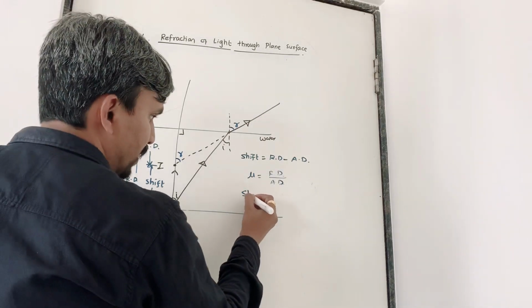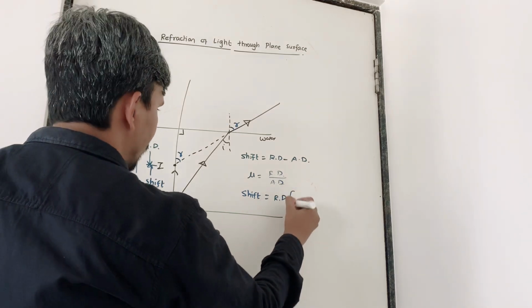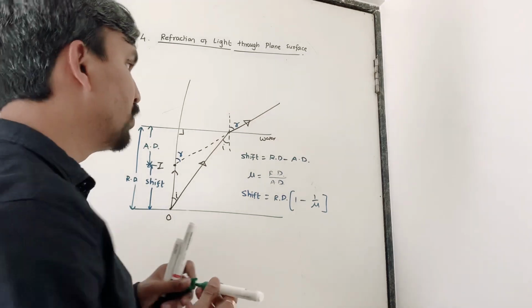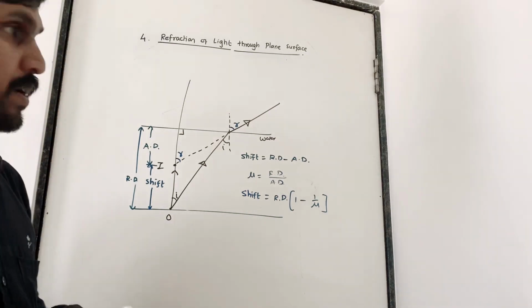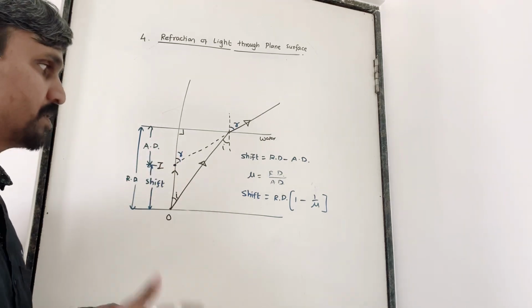Then you have one more relation: shift is equal to real depth times (1 minus 1 upon mu). Numericals are based on this part. From this chapter, this much is there.